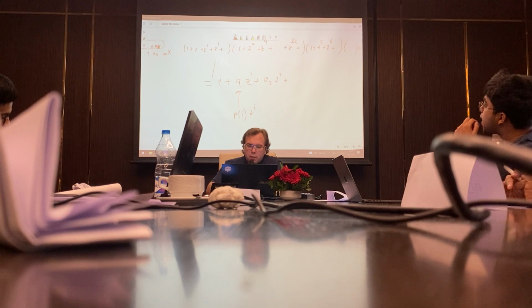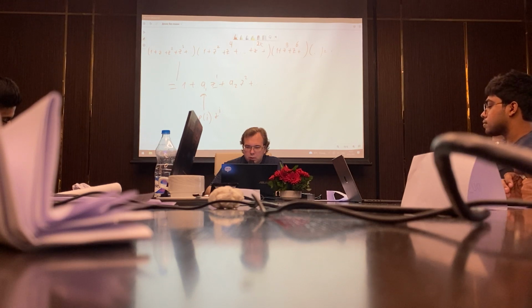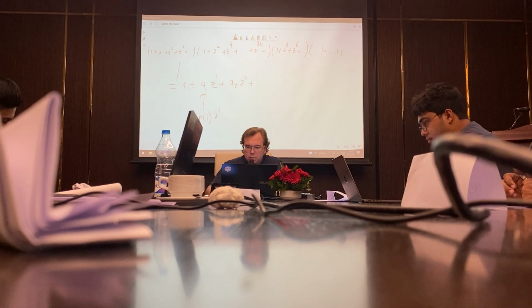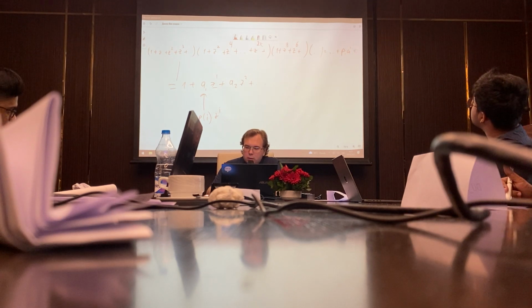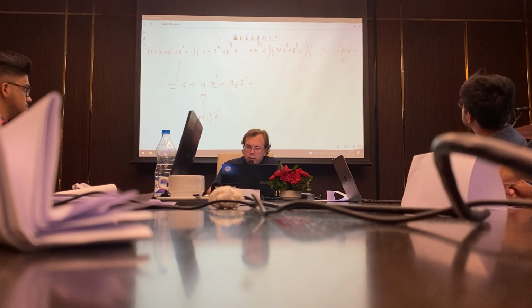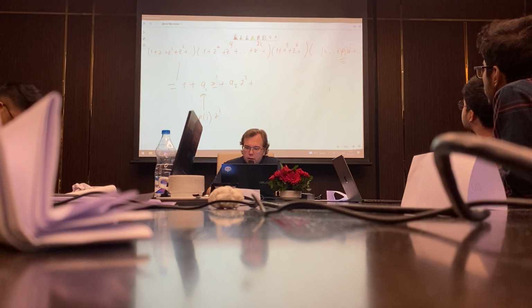Let's see why. So how does some coefficient before this appear? So it's something plus pi plus something. And how do these coefficients before a in its degree appear? So it's like i should be equal to some numbers of this.